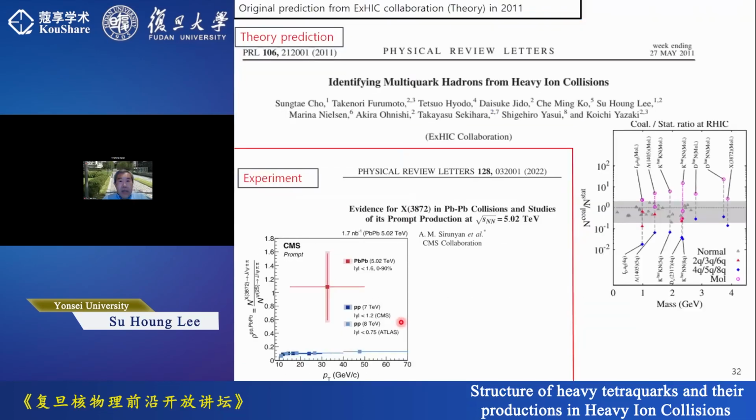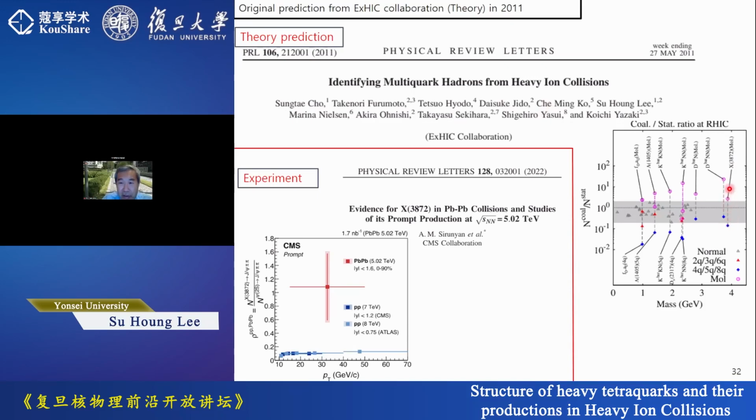And a few years later, we wrote a PRL because I was staying in Japan, and we had some molecular-type workshop, and we found that depending on whether X, for example, is a compact or molecular configuration, if it's compact, then the production is suppressed.